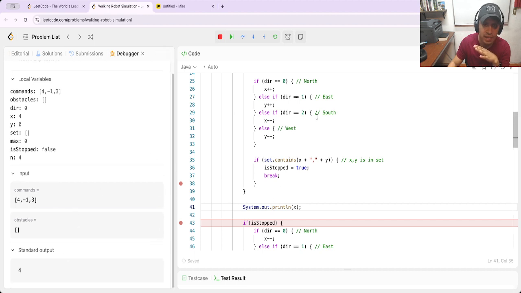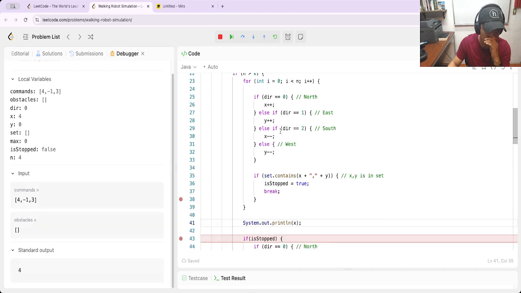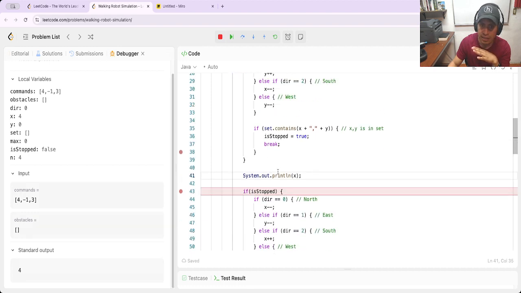Okay, the first time set that x is equal 4. What is this?